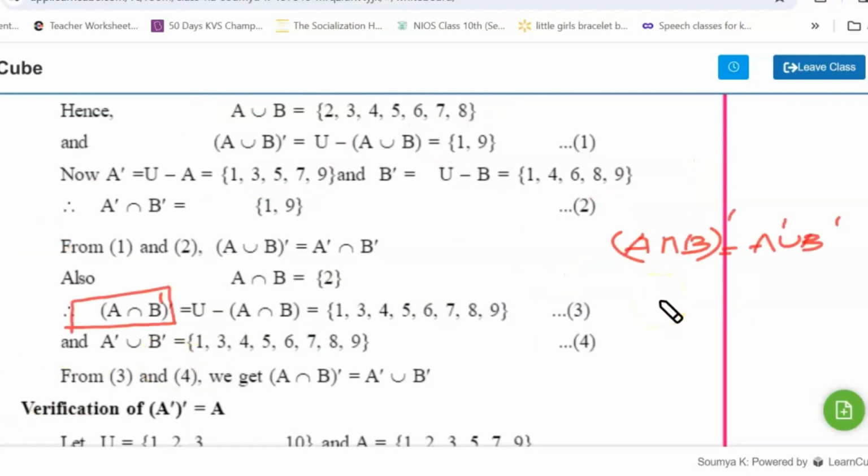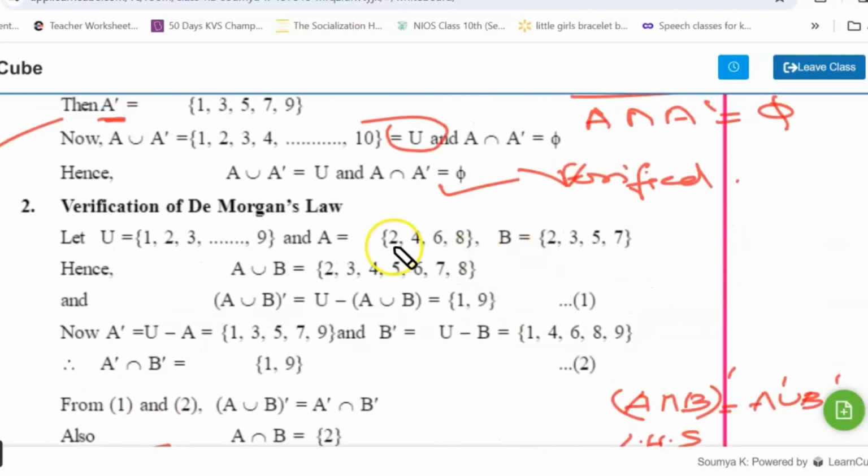Our next intention is to find the left hand side of the other De Morgan's law, A intersection B complement. So find out A intersection B. If you see the sets A and B, the intersection of A and B will give you 2 as the result.